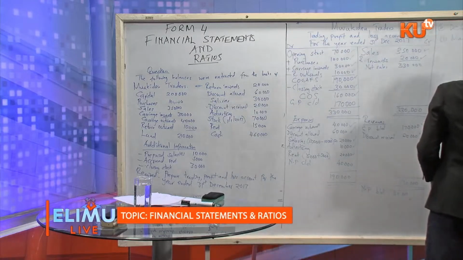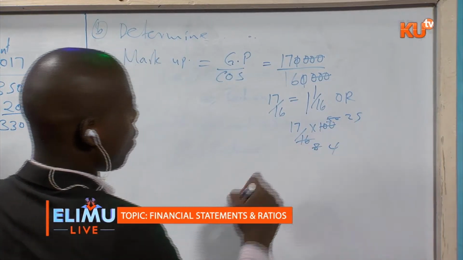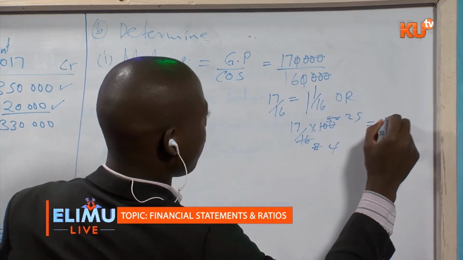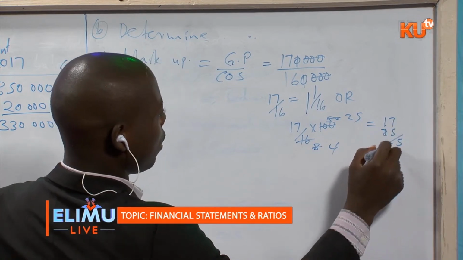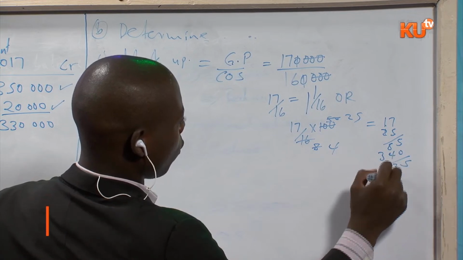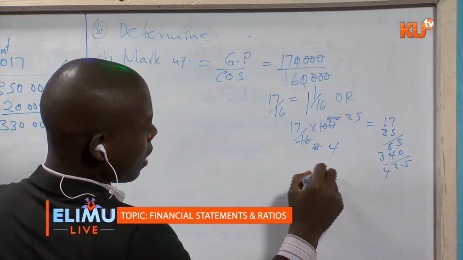If we do the simplification, dividing by 4, we get 425 over 4.